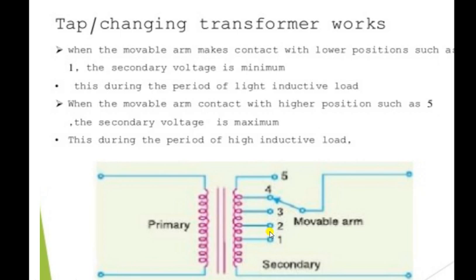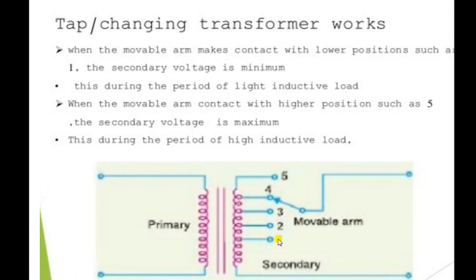Now an on-load tap changing transformer may have around 8 steps or 8 tap positions, and in every tap position the voltage can be changed in terms of a percentage of nominal voltage.